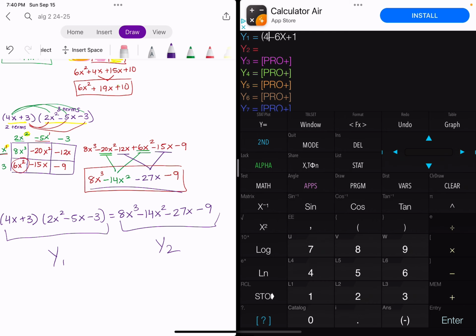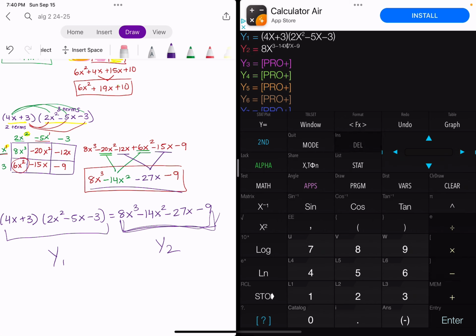So I'm putting, oh my goodness, I need to clear this. Okay, so I'm going to put the left side in y1 with the parentheses. So I have 2x squared minus 5x minus 3. You should be trying this as well. And then in y2, again, I'm putting this. So 8x to the third minus 14x squared minus 27x minus 9.